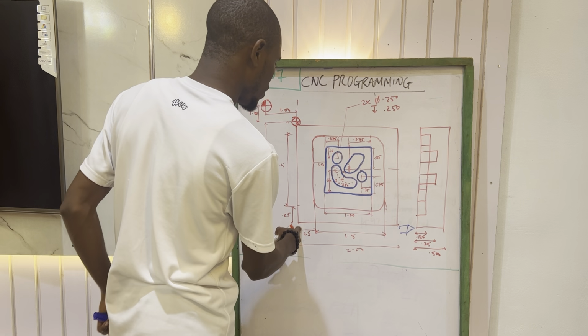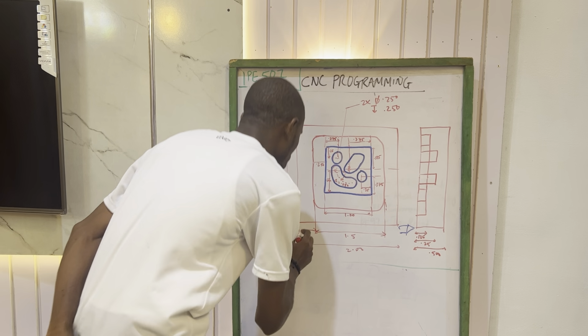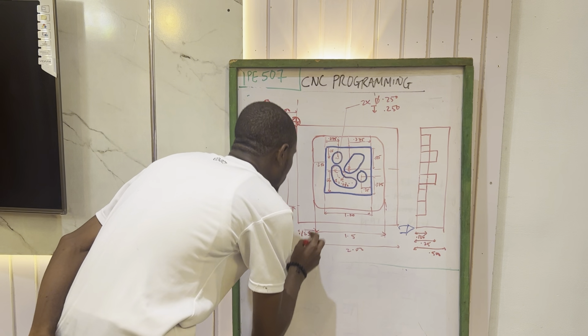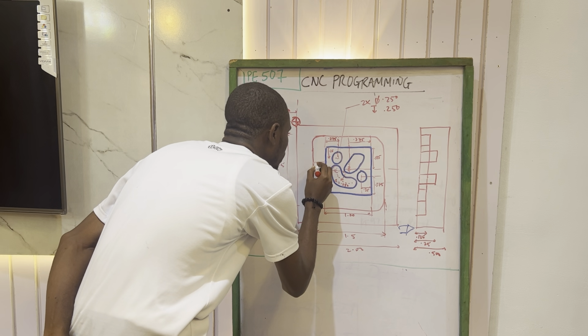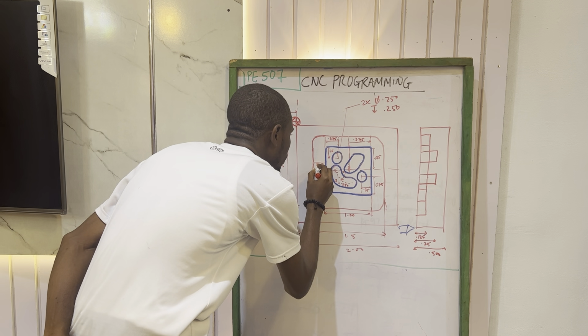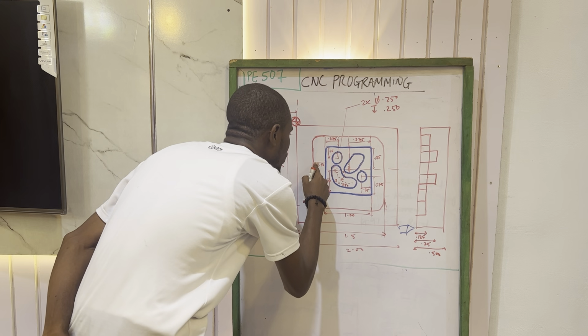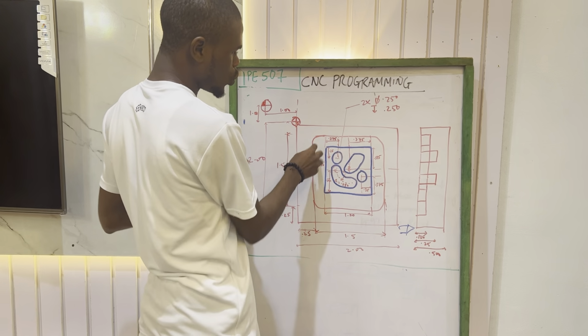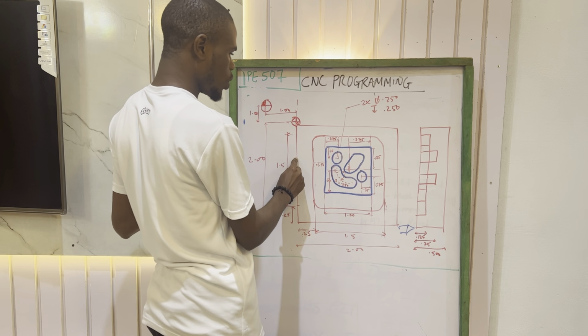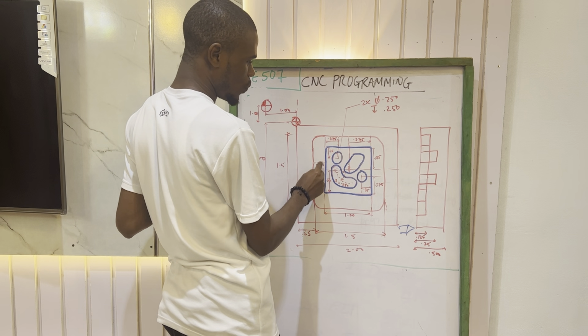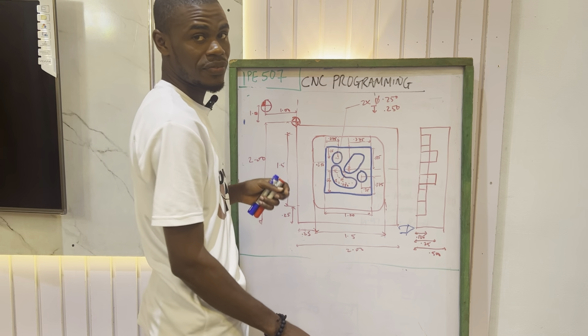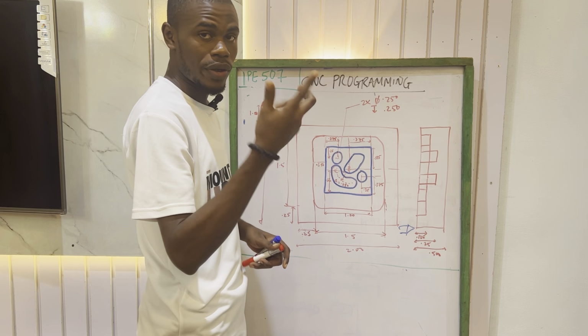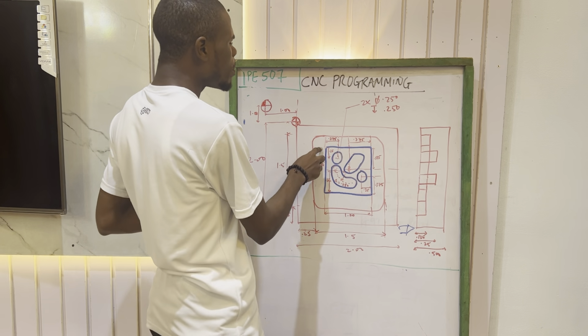No, I'm sorry, it's 0.2. Okay, we want to trace this particular point. So here to here is 0.25, here to here is 0.25. So this place will be 0.50.